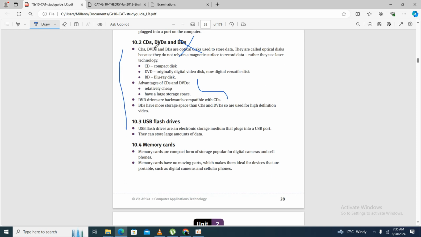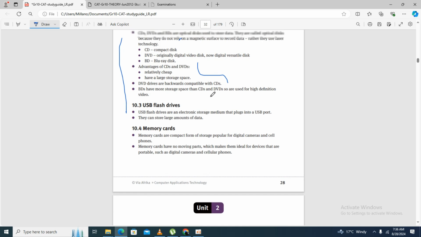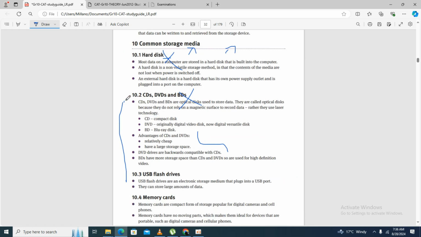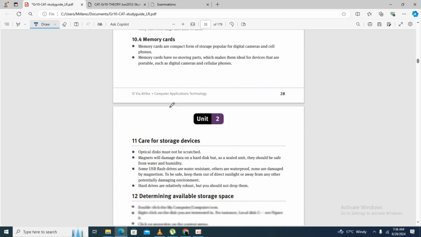In most cases, they wouldn't really ask you about it unless it's a multiple choice question, where they would probably ask you which is the most effective way to do a backup on. Then they'll maybe ask you for a hard drive, external drive, DVD, cloud storage, and stuff like that. Then you guys would have to choose from there. But on average, we don't really use these no more, guys.